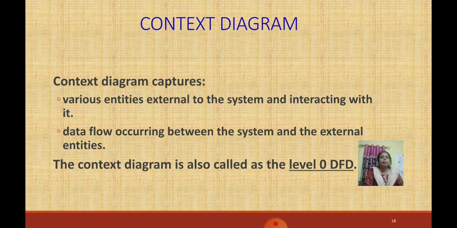Context diagram captures various entities external to the system and interchange with it, and data flow occurring between the system and the external entity.